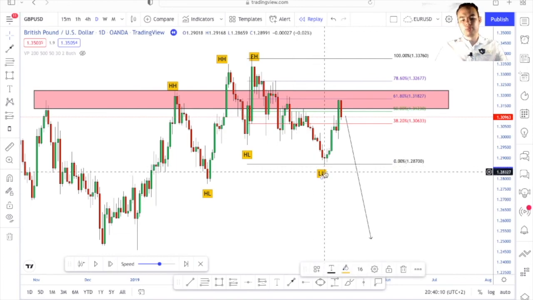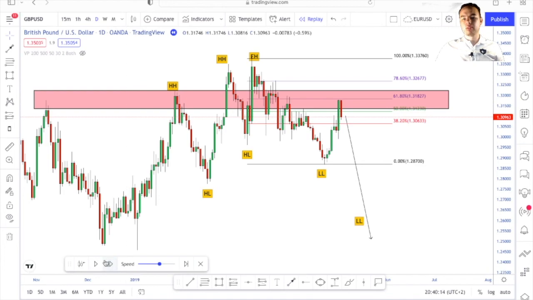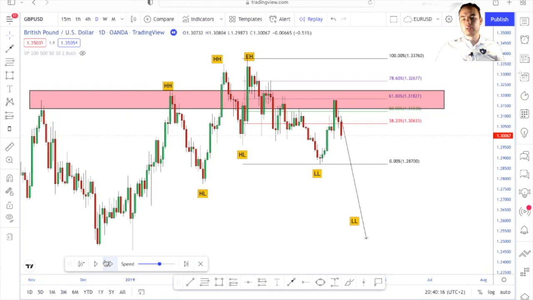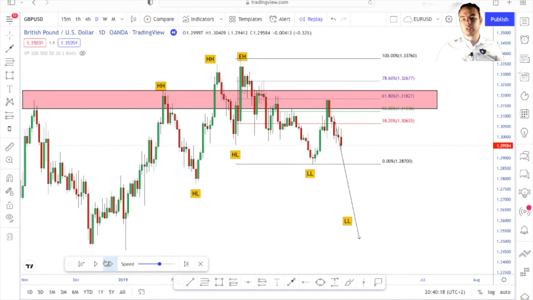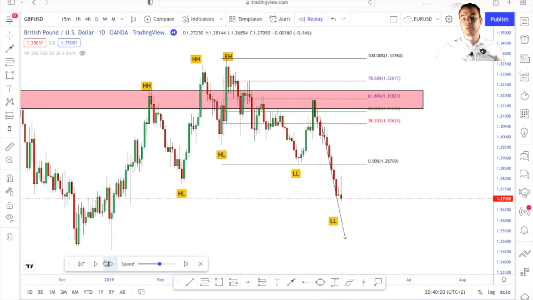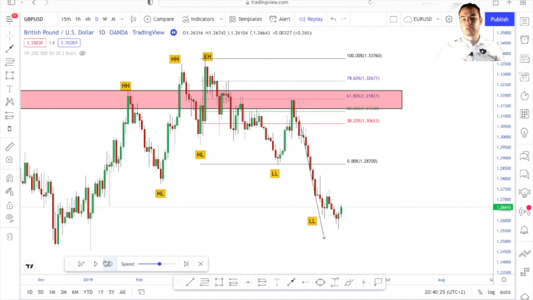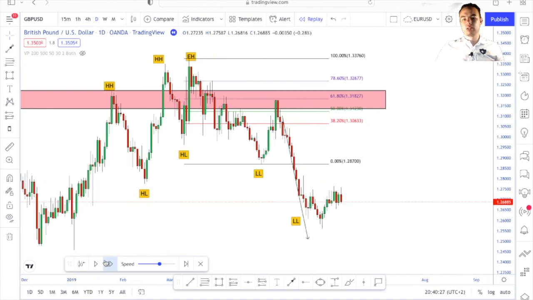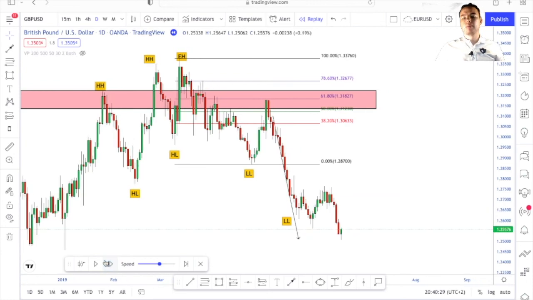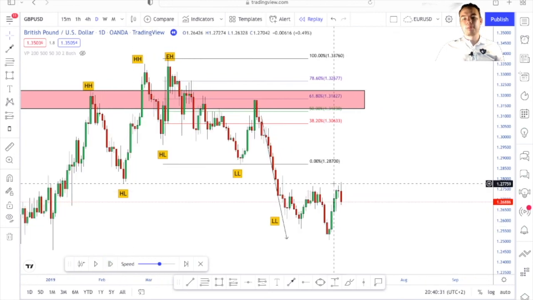To form, don't know where it's going to, lower low. Okay, good so far. Oh, boom. Oh, that was perfect. Oh, further down, never mind.